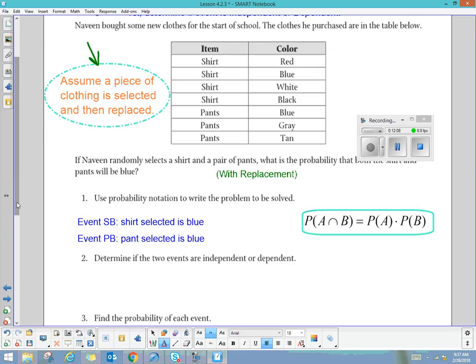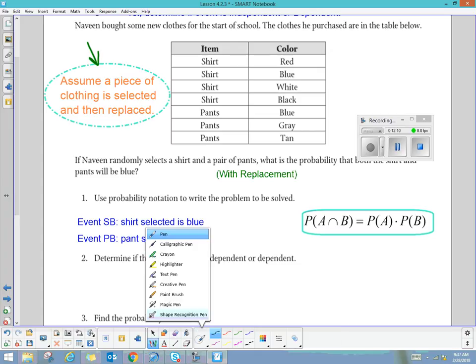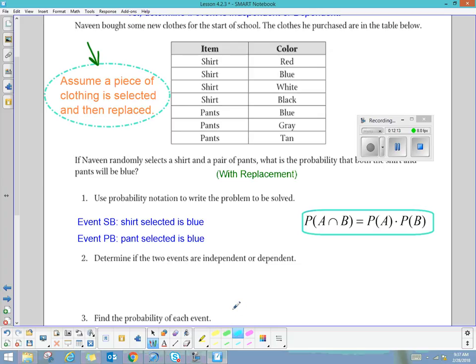If you notice, looking at the table, we actually only have one pair of pants that is blue. We also only have one shirt that is blue. Because of that, the events are actually going to be independent. Here's the reasoning behind that. If I select a blue shirt, is the probability of selecting another blue shirt going to change? Not really, because I only have one blue shirt.